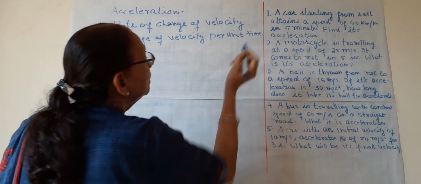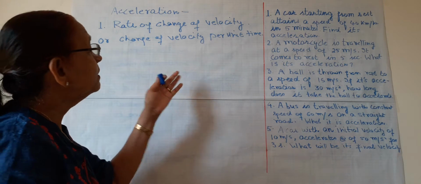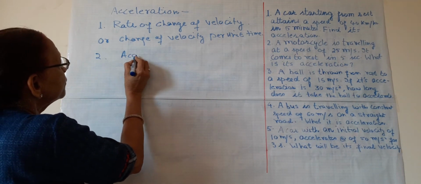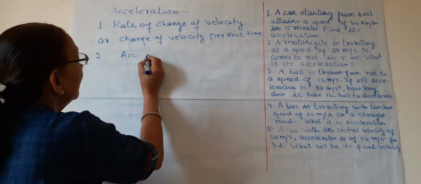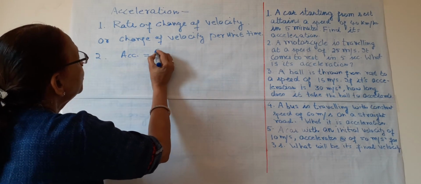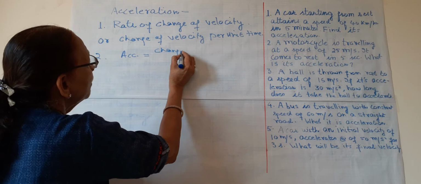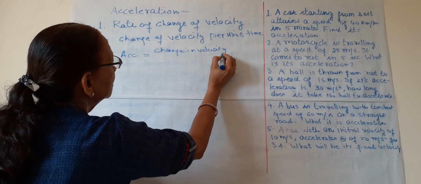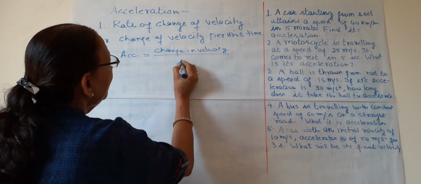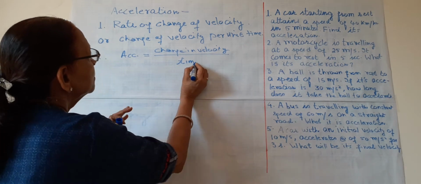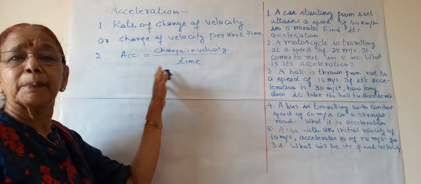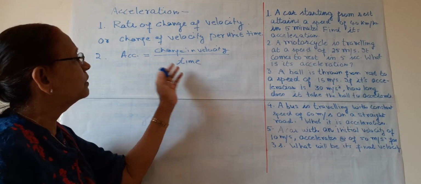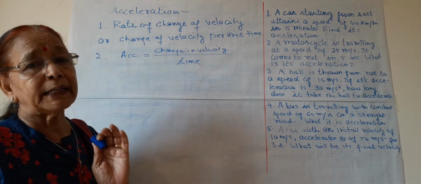If you want to write it in a formula way, acceleration, I am writing in short, acceleration is equal to change in velocity divided by time. So this will be the formula for acceleration, change in velocity divided by time.